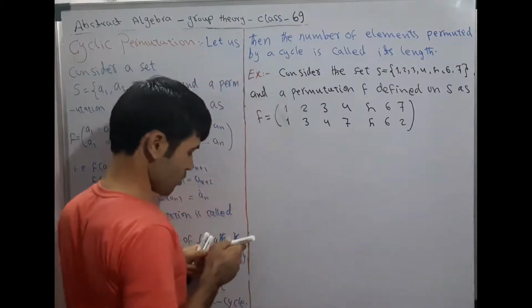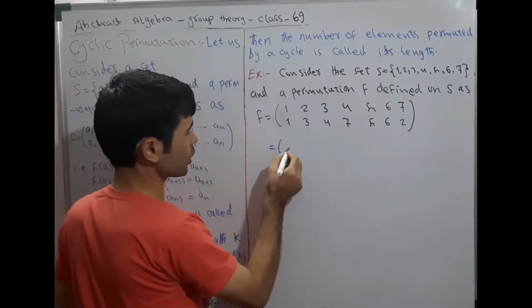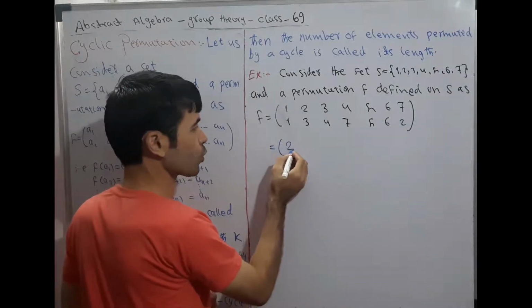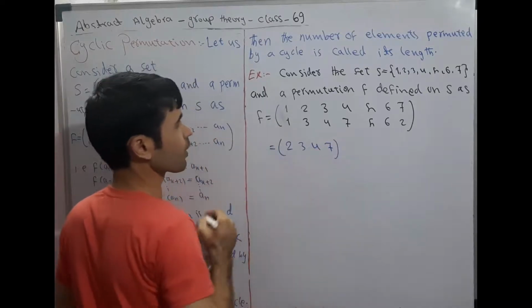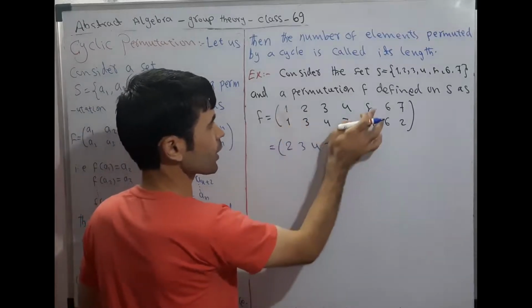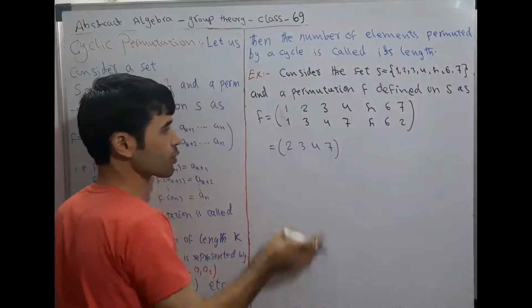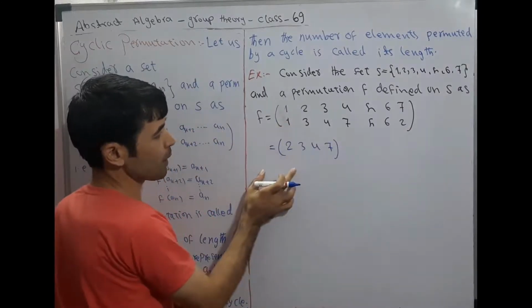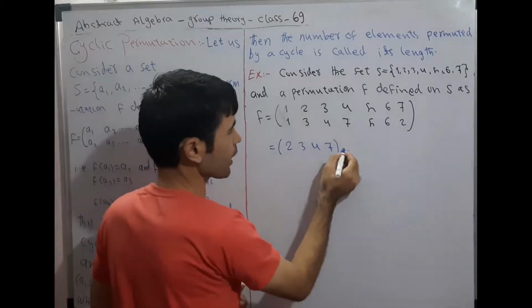So this permutation we can write as (2 3 4 7). Because 5, 1 and 6 are not cyclic, they are repeated, the cyclic permutation is (2 3 4 7).